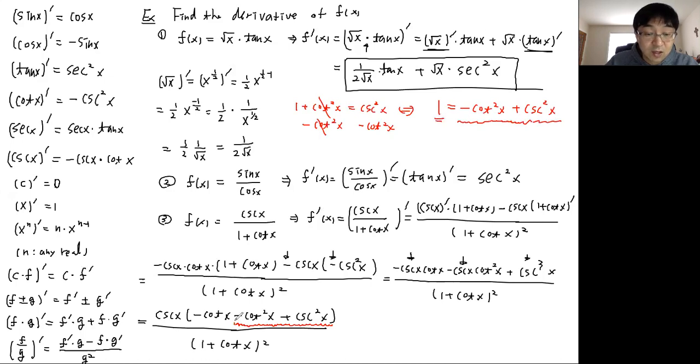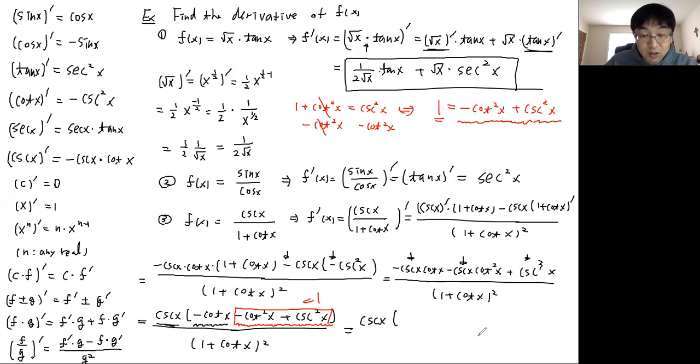So what does it mean? This whole thing is exactly 1. So we can replace. So what's the final answer? The final answer is like this. You have to keep first cosecant times the negative cotangent here plus 1.